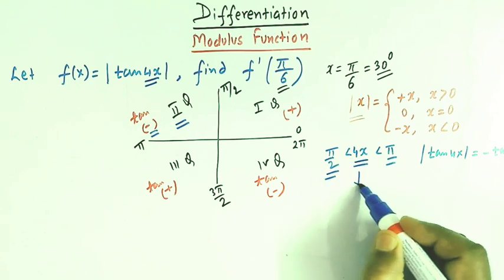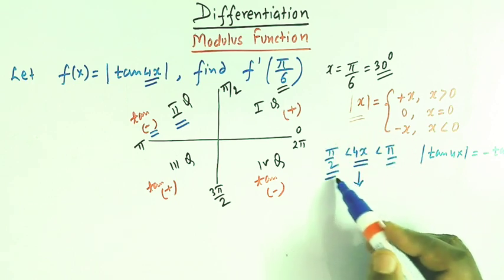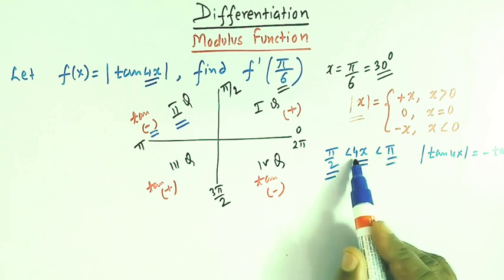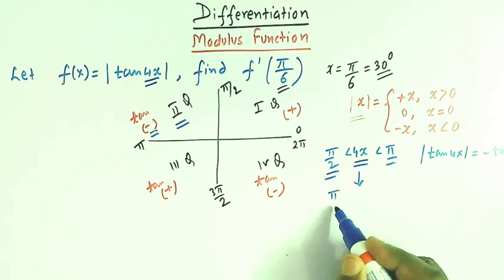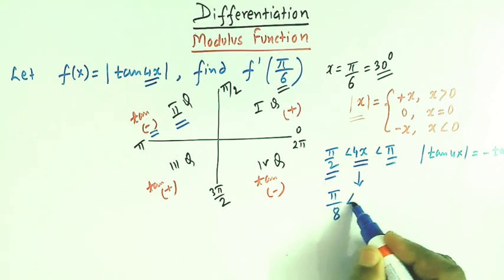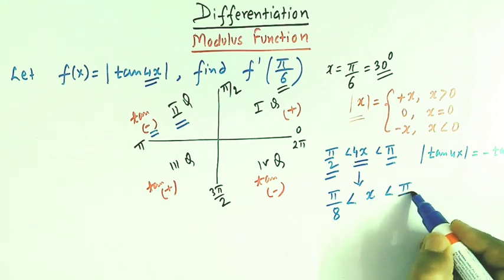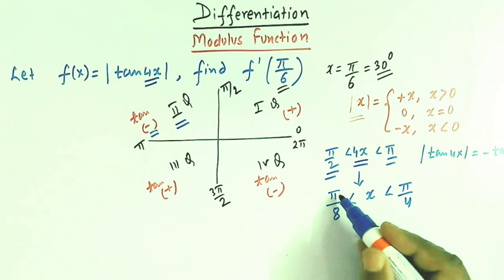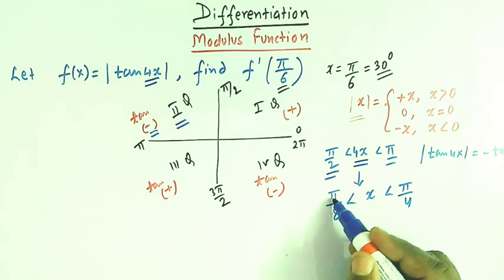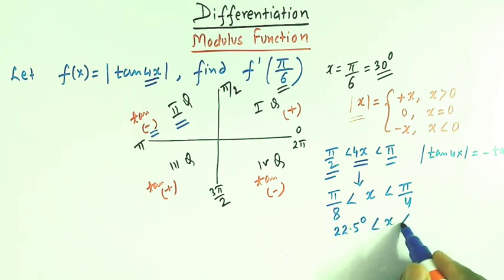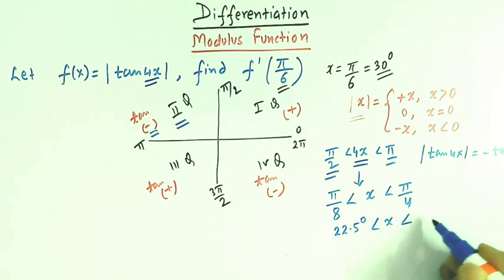Now let us solve this inequality. Let us divide throughout by 4, then we'll get pi by 8 less than x less than pi by 4. Now see, pi by 8 is equal to 22.5 degrees, and pi by 4 is equal to 45 degrees.